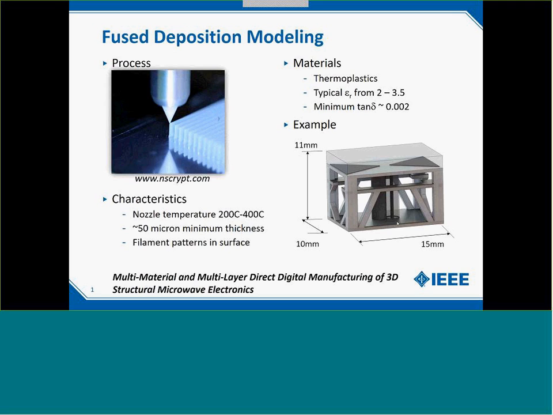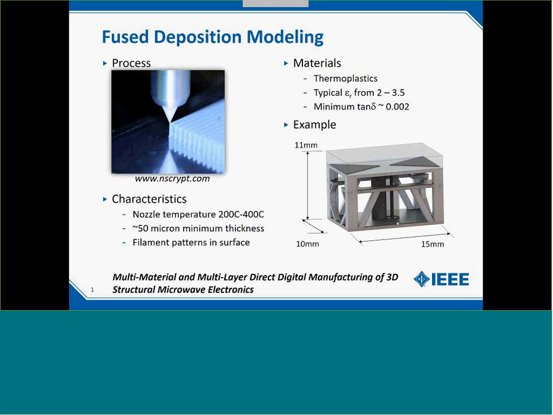And the nozzle temperature is typically 200 to 400 degrees Celsius or so, enough to have a molten material. The technique gets its name because as the material is deposited onto the printing bed or the layer being deposited onto, it actually fuses with the previous layer of thermoplastic.